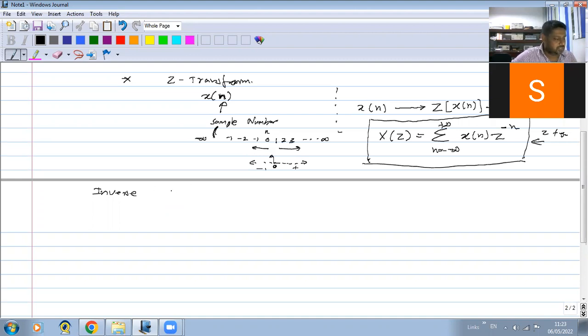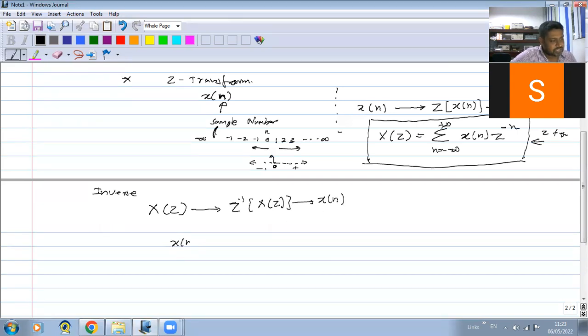So for the inverse transform, if we have a Z transform series X(z) and we get its inverse Z transform, we will get our time series x[n] again, the time domain signal again.